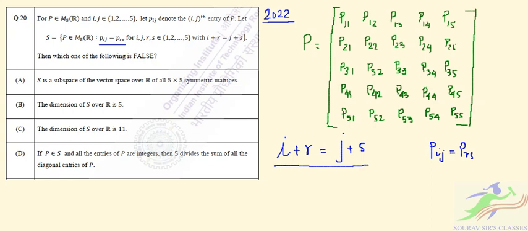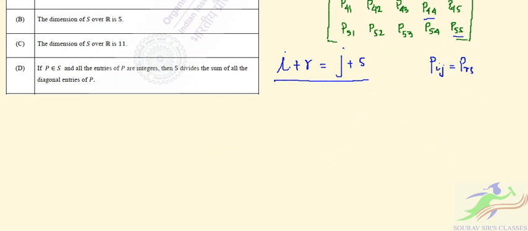From here you can see the diagonals, P11, P22, P33, P44 and P55. They all follow this i plus r and j plus s relationship. So we can write P11 equal to P22, P33, P44 and P55. So all the diagonal elements will be equal. Okay, so this is the first one.